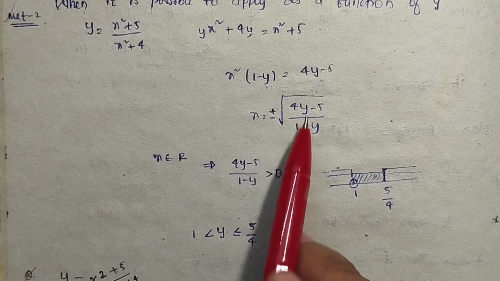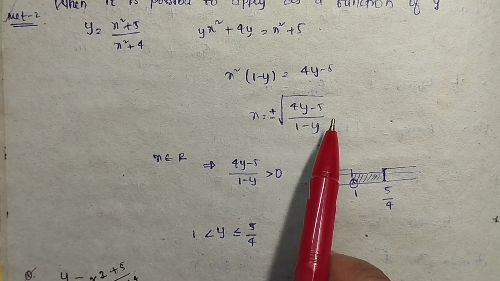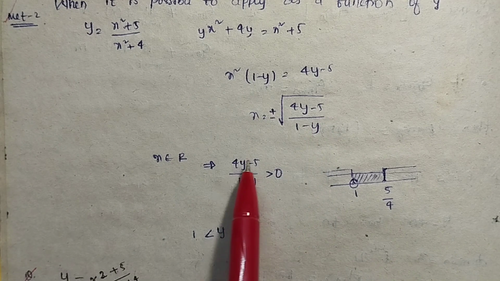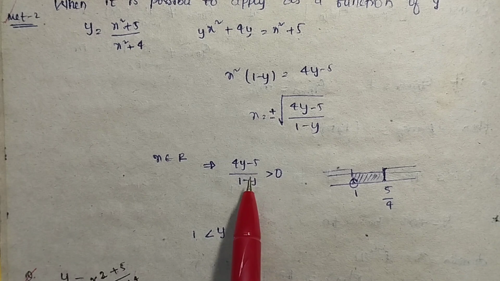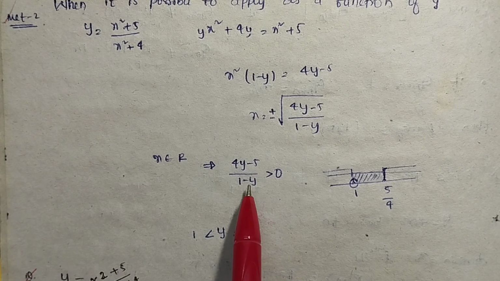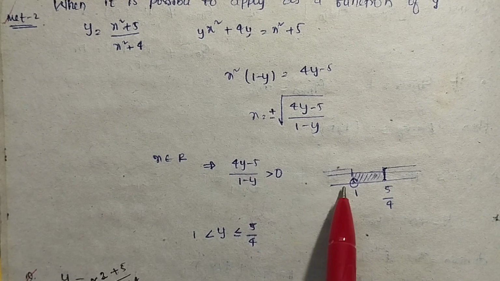So for this function to be valid, the value inside the square root should be positive. So (4y minus 5) by (1 minus y) should be greater than or equal to 0. For solving the inequality and taking the wavy curve, at y equal to 1 it is not defined, at y equal to 5 by 4 it is 0.